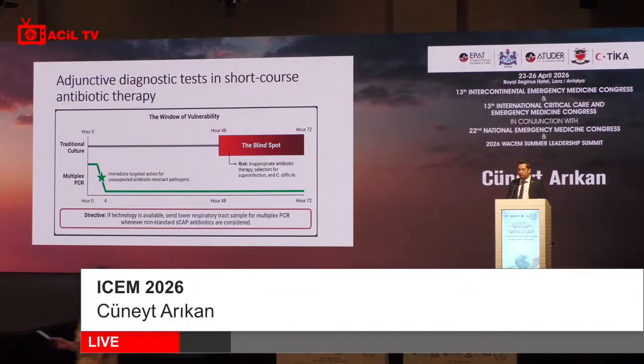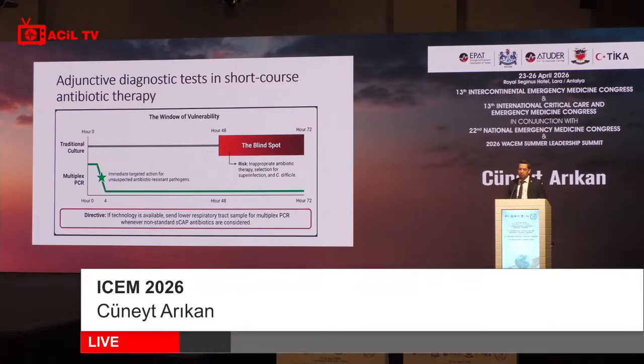Adjunctive diagnostic tests in short-course antibiotic therapy. Traditional culture results take 48 or 72 hours, and risk inappropriate antibiotic therapy, selection for superinfection and Clostridium difficile infection.